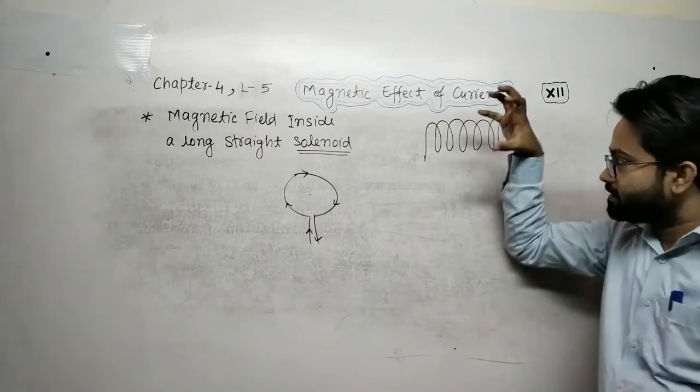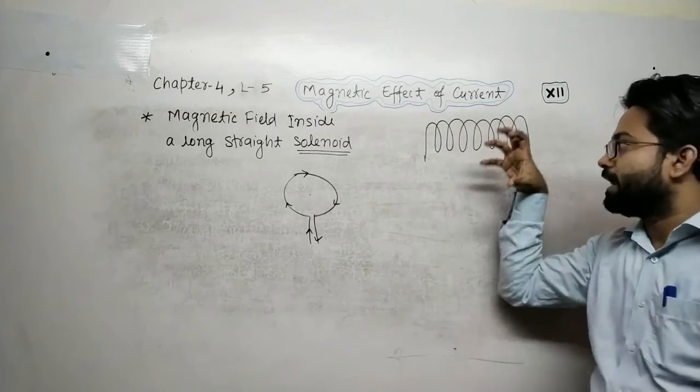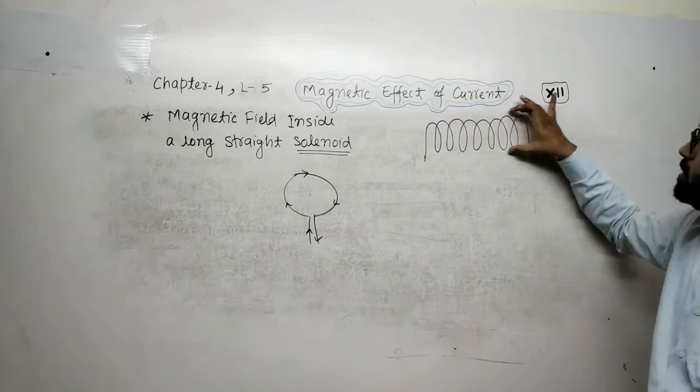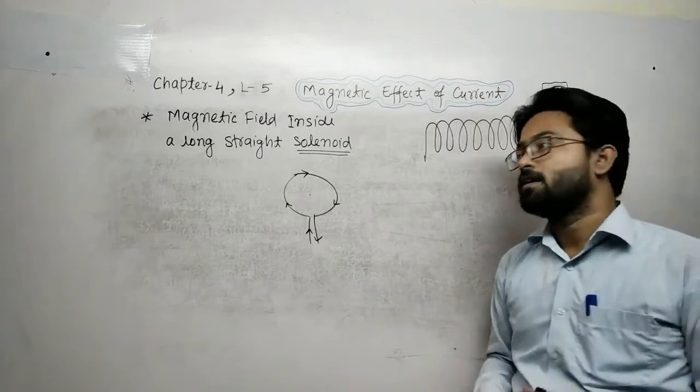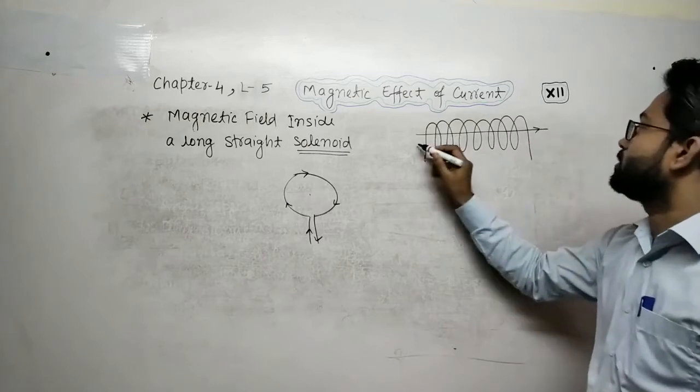That's why in the second coil the magnetic field is also in the same direction. Like that, the third, fourth, fifth, all the coils will have the magnetic field in the same direction.